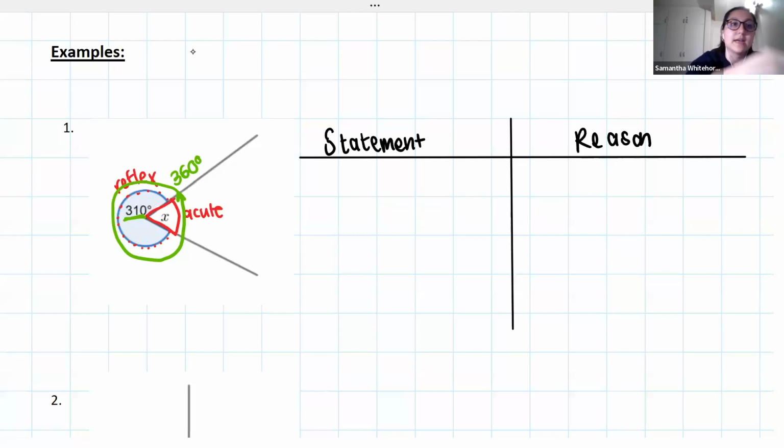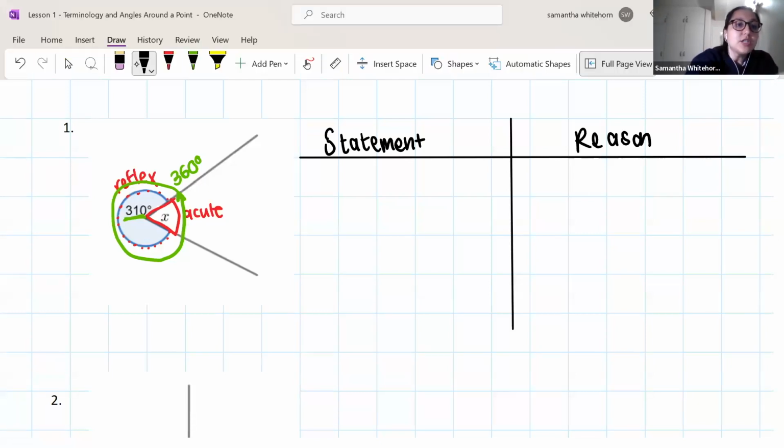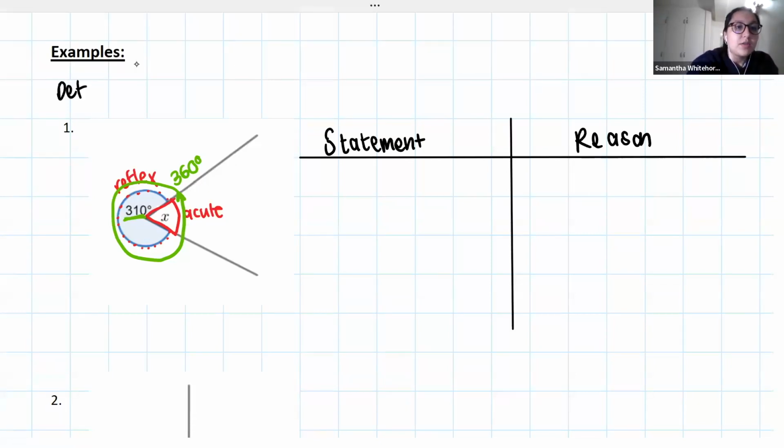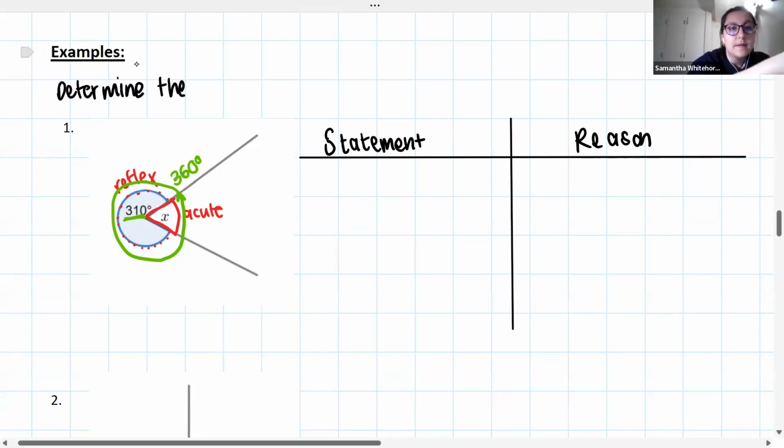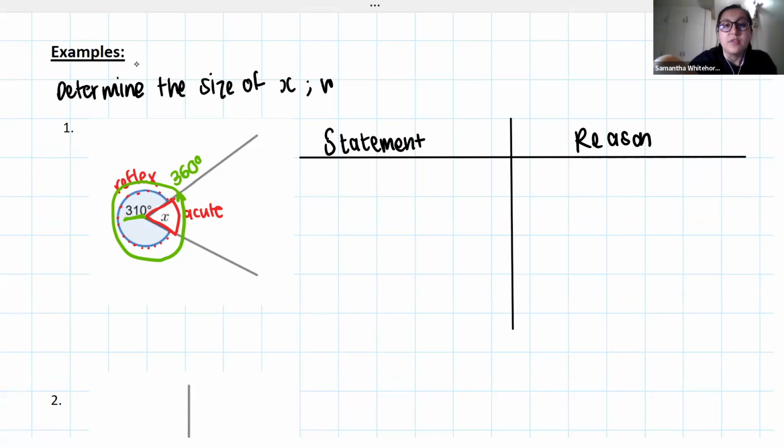I need to work out X. So your instructions for a question like this would be something along the lines of determine the size of X. And sometimes we're nice and we say, giving all reasons. We give you a little hint that there should be reasons.